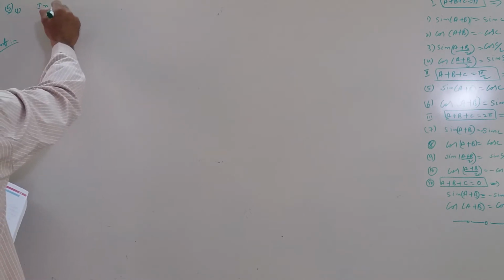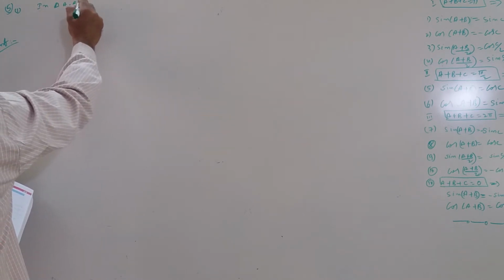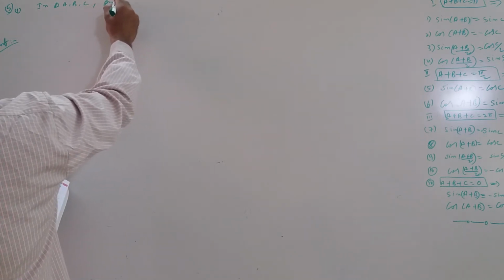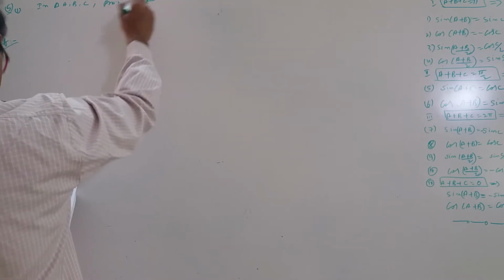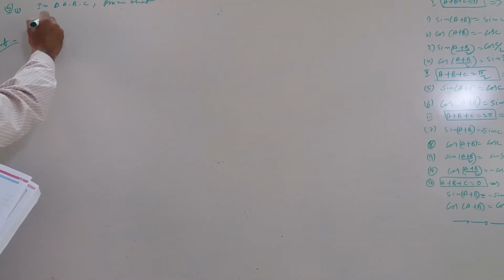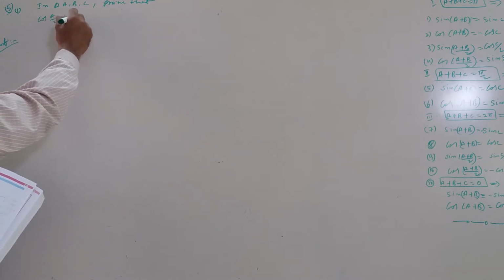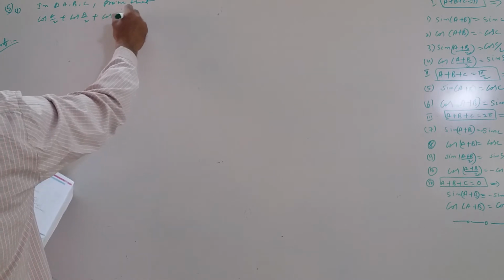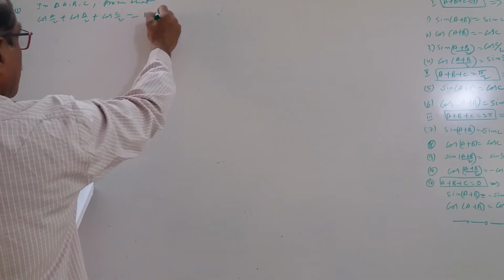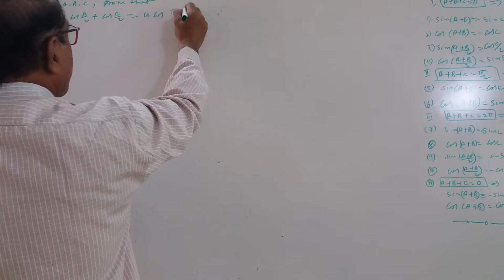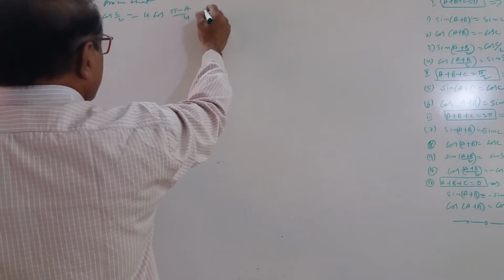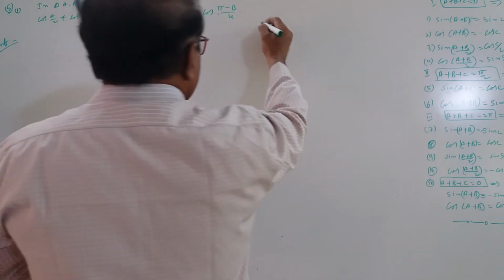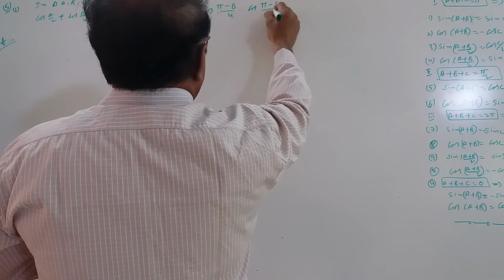In triangle ABC, prove that cos A by 2 plus cos B by 2 plus cos C by 2 is equal to 4 cos of (pi minus A) by 4 into cos of (pi minus B) by 4 into cos of (pi minus C) by 4.